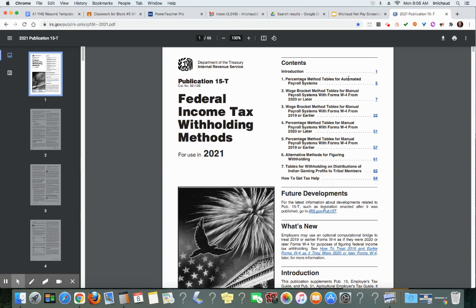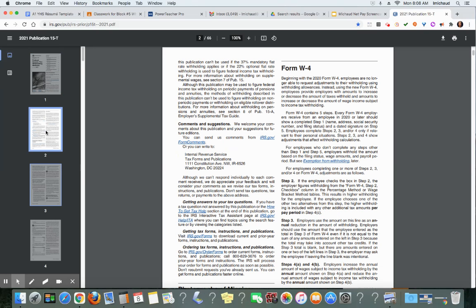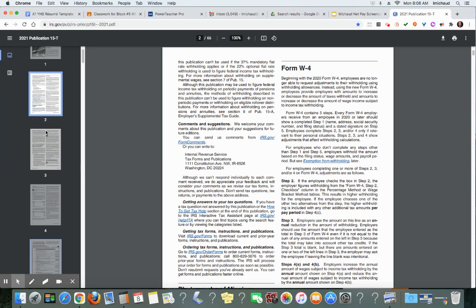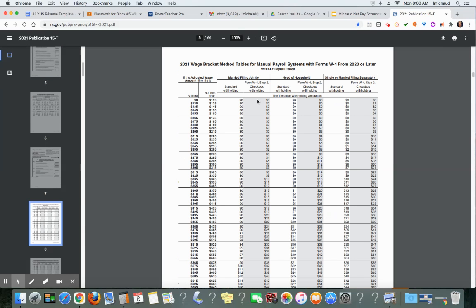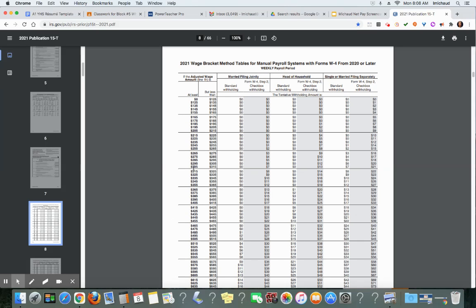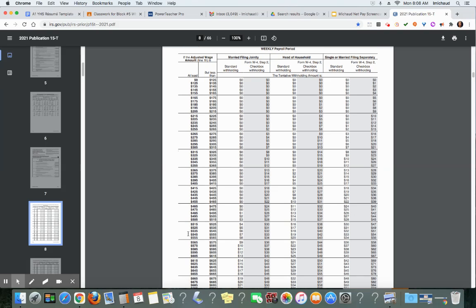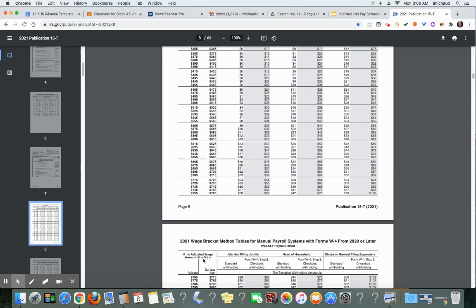So we need to go to page 8 because that is the weekly table. See here, it says weekly. And what we need to look up is the weekly gross pay of $692.31. So right here, if the adjusted wage amount is at least but less than. $692 is at least $685 but less than $695.